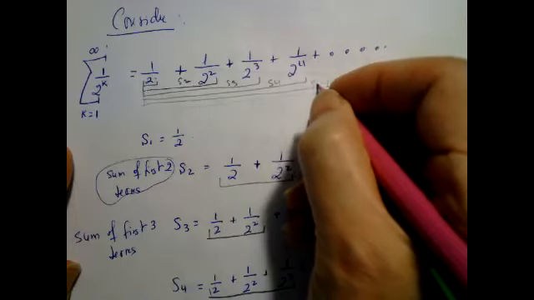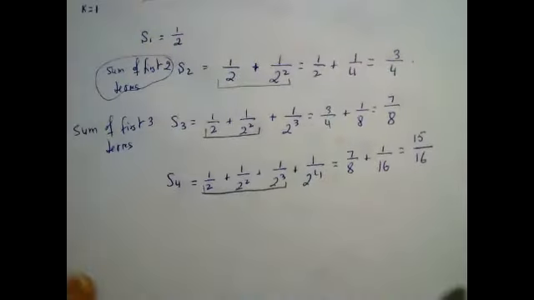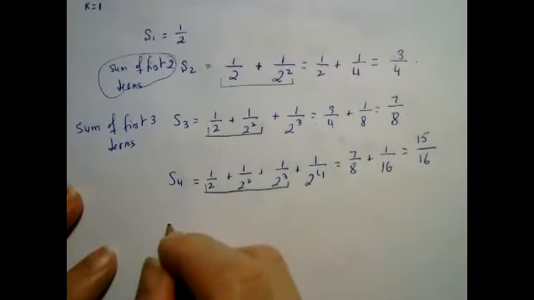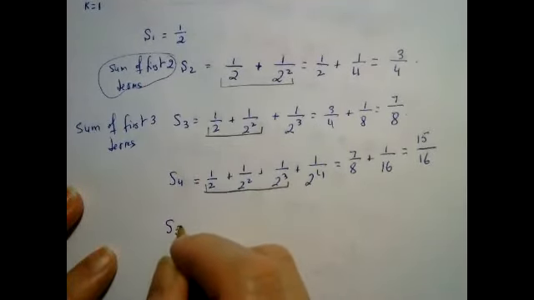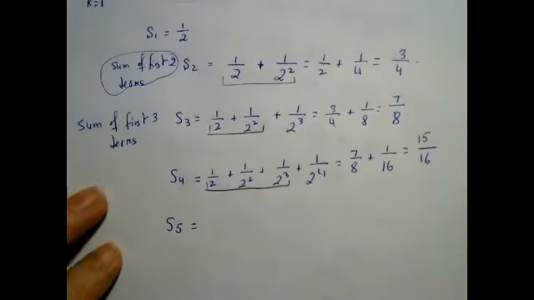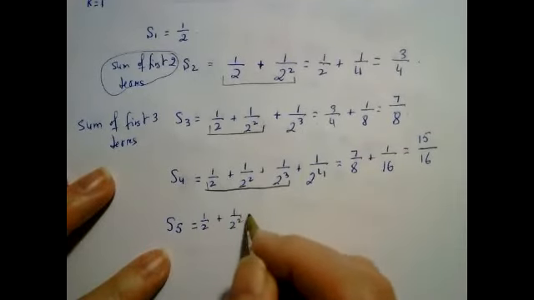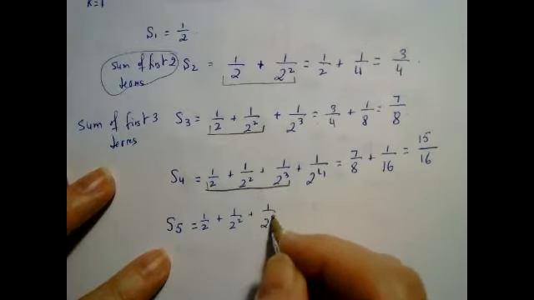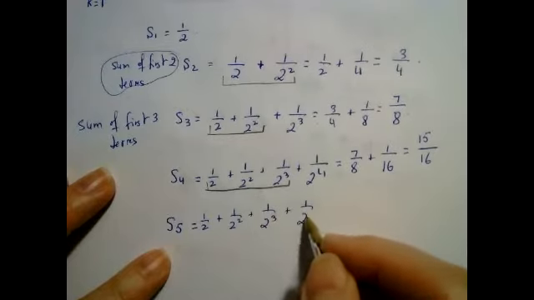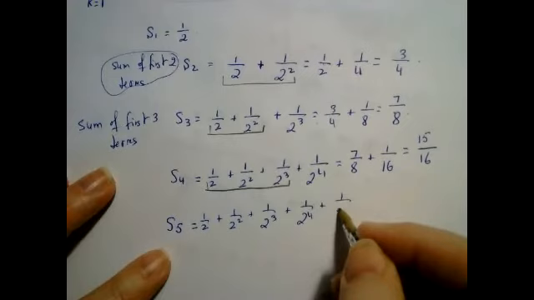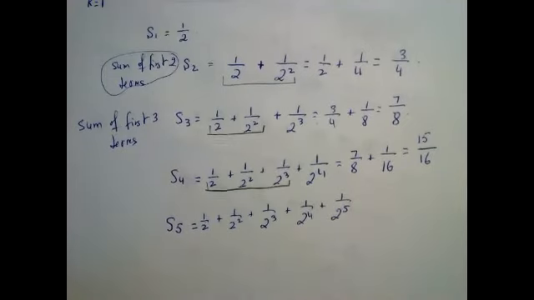Now I'm going to compute my S5. And at some point, you should scream and tell me stop when we see something. Okay, what's S5? It means I'm going to add a half plus this, and I'm going to keep adding the terms and see where we're heading. Plus 1 over 2 to the power 5.